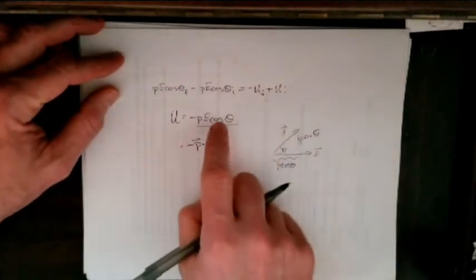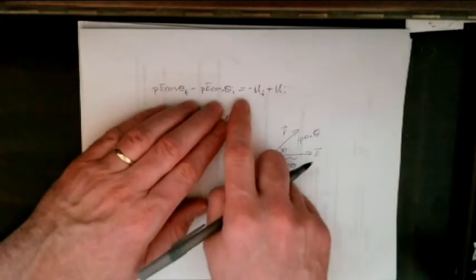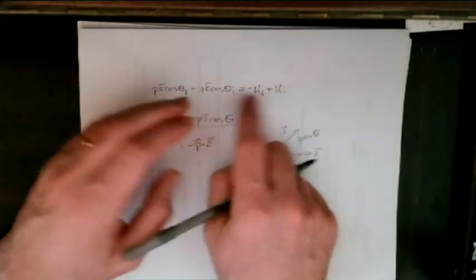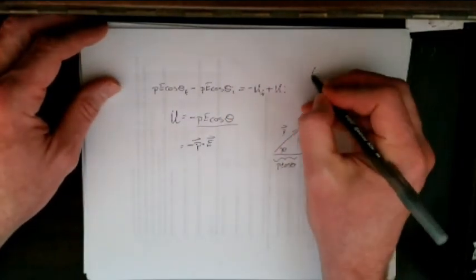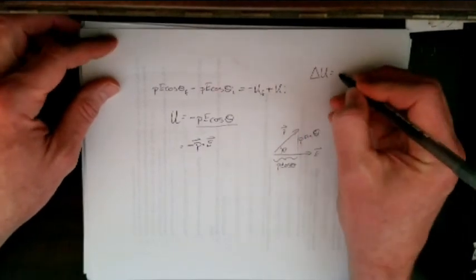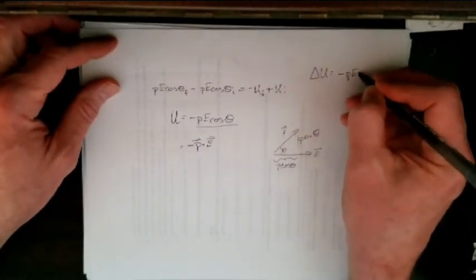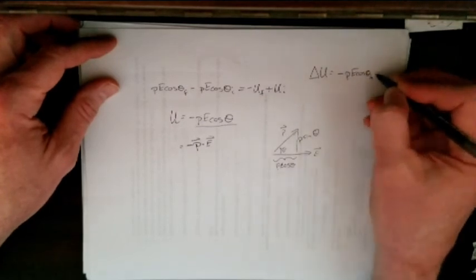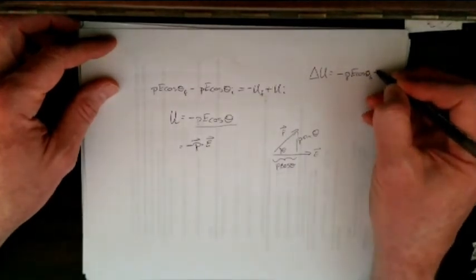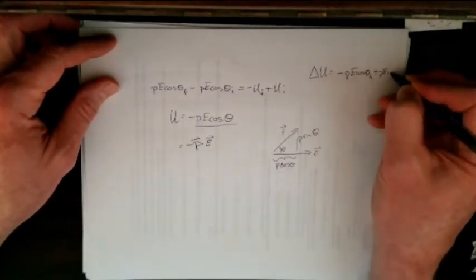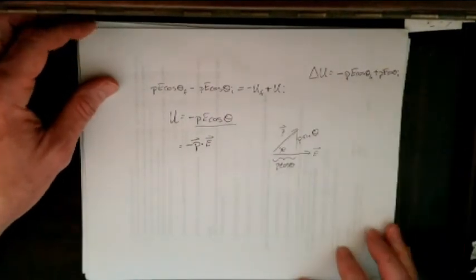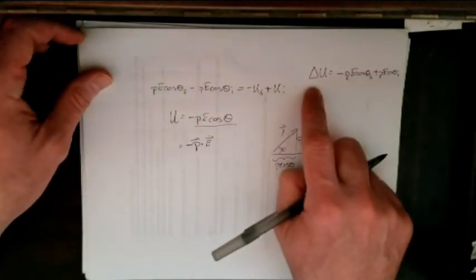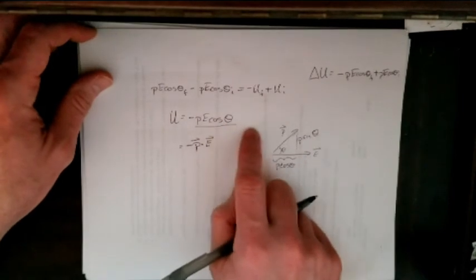Also note that all I really did in this derivation was, if I multiply it through by a negative sign, I would have that the change in potential energy is negative PE cosine theta final plus PE cosine theta initial. That's the change in potential energy. And so I can always tack on a constant here.